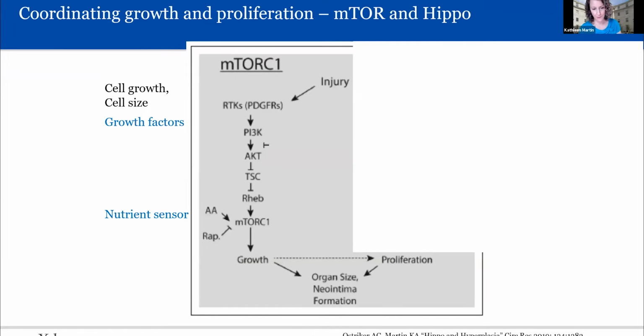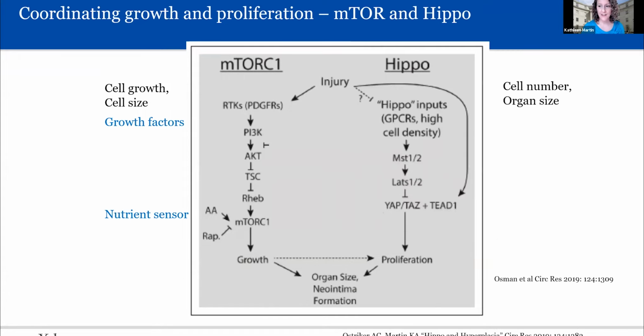The mTOR pathway, which we've talked about, which is targeted by rapamycin, regulates cell growth and cell size on an individual cell level. It is activated by growth factors like PDGF and senses nutrients, including amino acids, and energy like ATP versus AMP. So injury activates this pathway and growth factors.